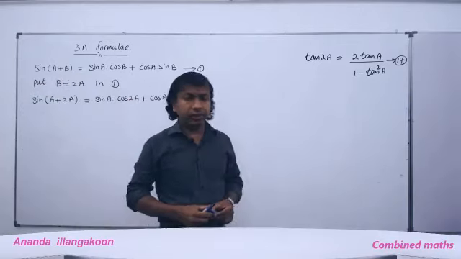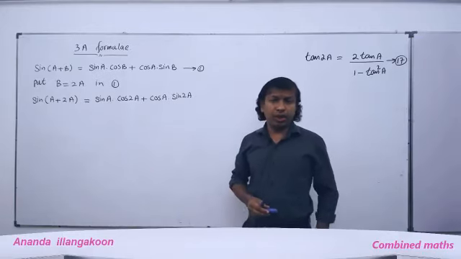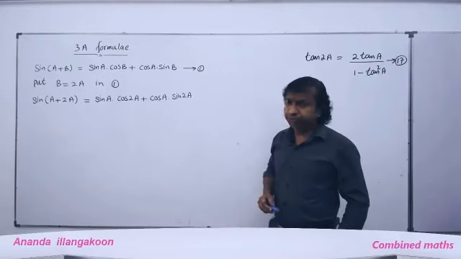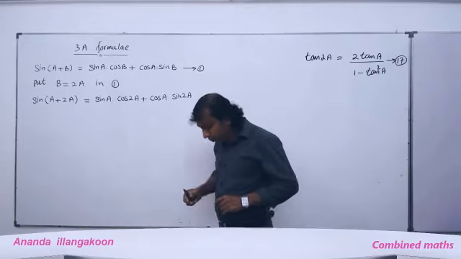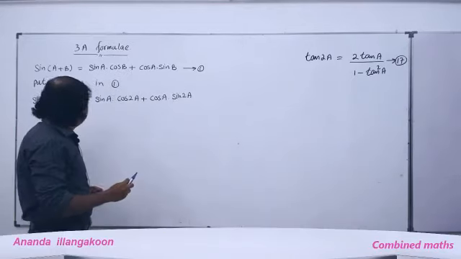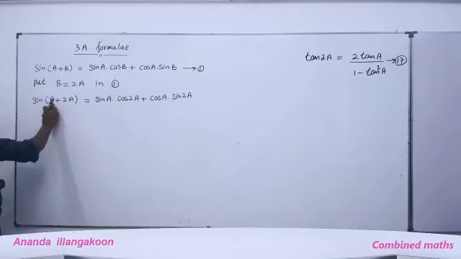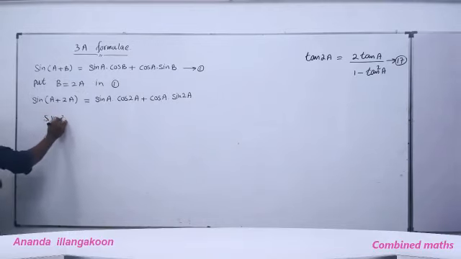This is what we get when we put capital B equals 2A in formula number 1, people. Now, we can simplify this furthermore. Left hand side A plus 2A is 3A. We get sin 3A.